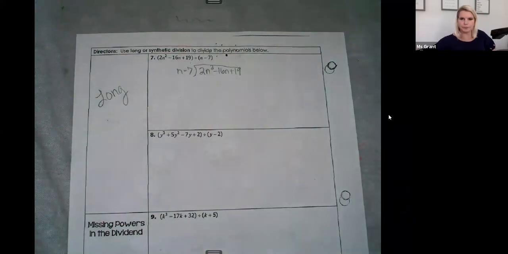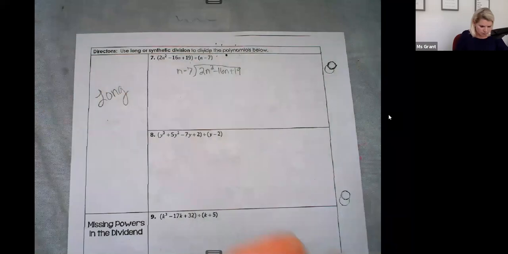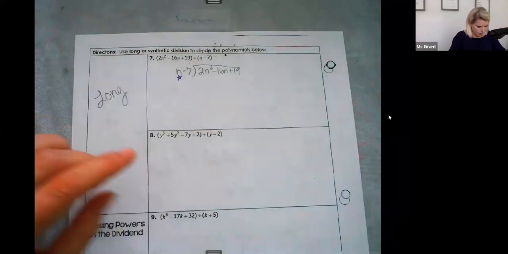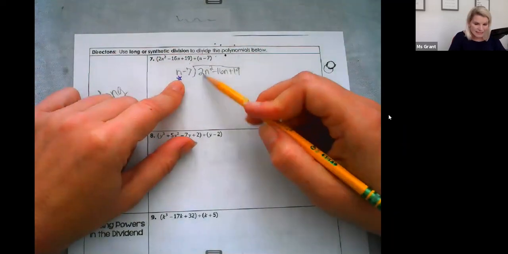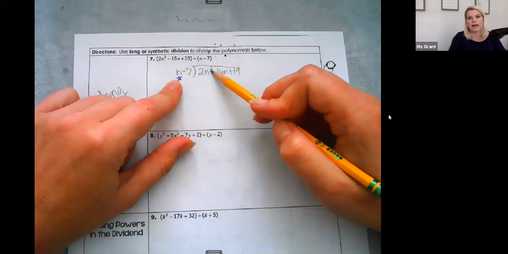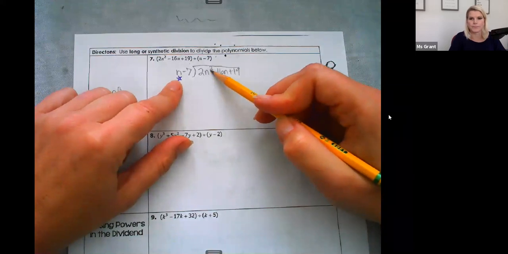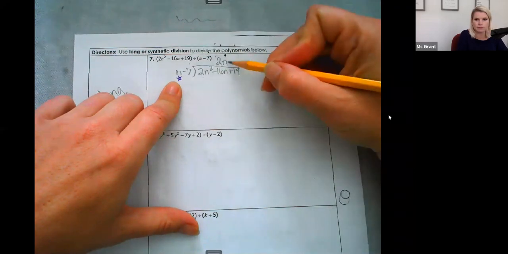Only the first term, it's always going to be a variable, by the way. N divided into 2n squared. How many times does n go into 2n squared? So I'm dividing each thing. It would be 2n. I'm going to put it here above my other power of 1 number.